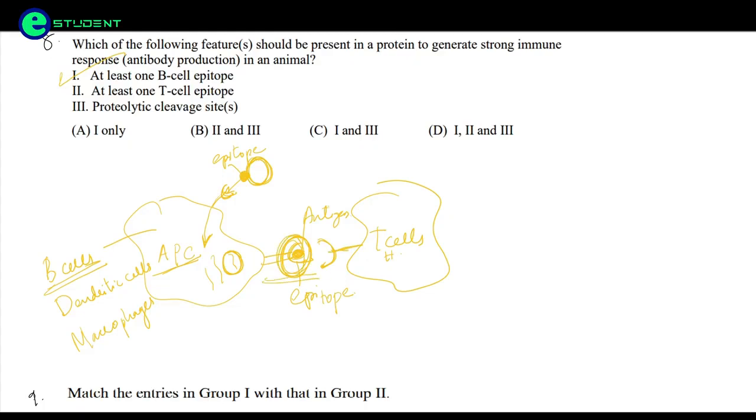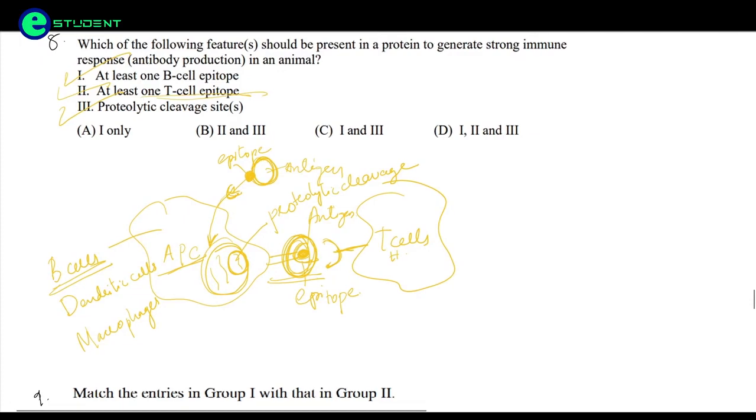Because the antigen is cleaved, this is called proteolytic cleavage. So it undergoes proteolytic cleavage and also has at least one T cell epitope. The correct option is D, 1, 2 and 3.